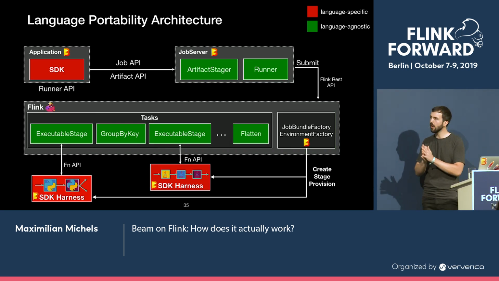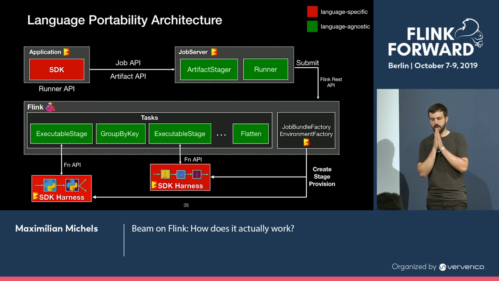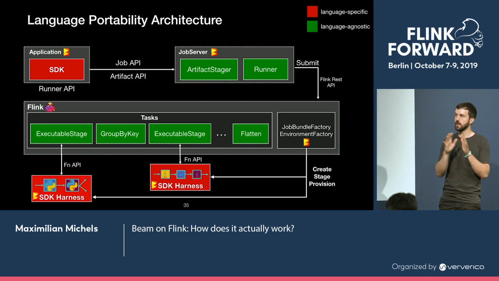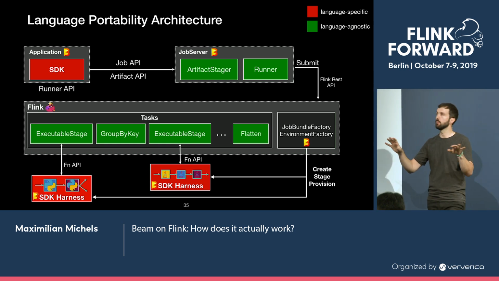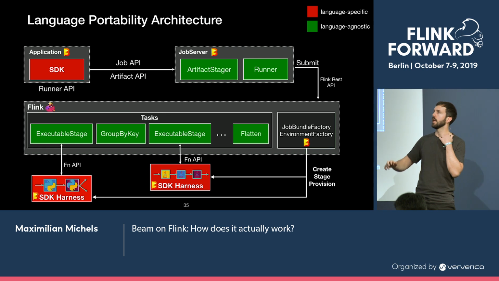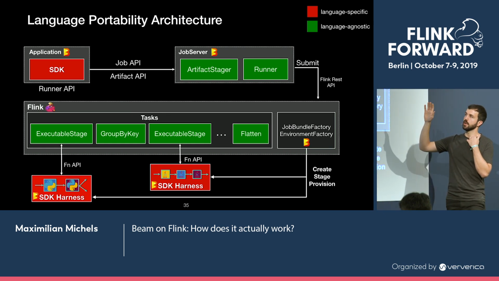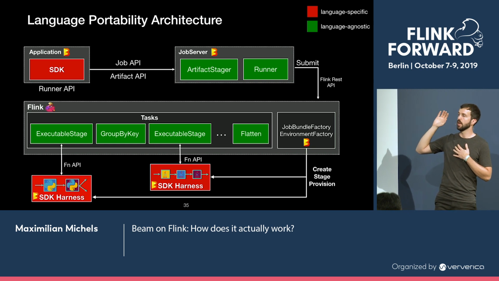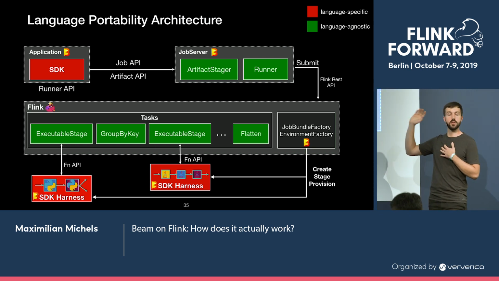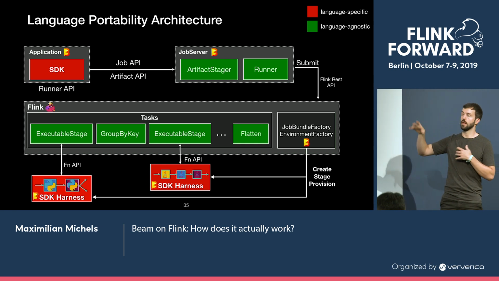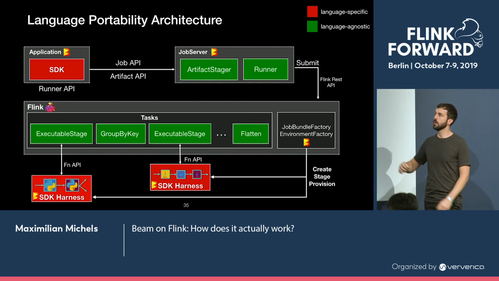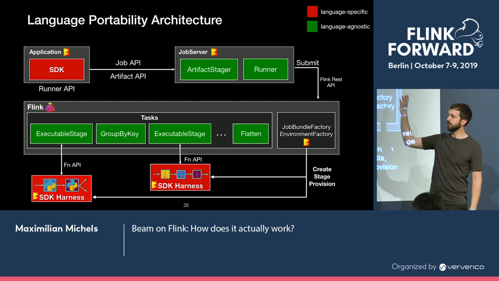So how does this really work now? I mentioned that if we just have the classic way of running a Java job with Beam, the submission process is very simple. If we are on portability, which means we want to run Python or even Java, but in an external process decoupled from the Flink runtime, we have this process.